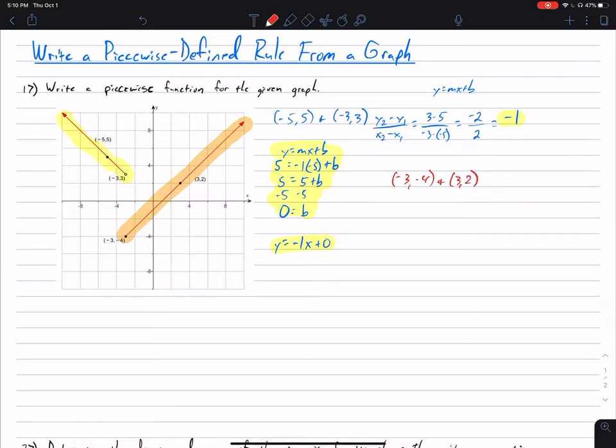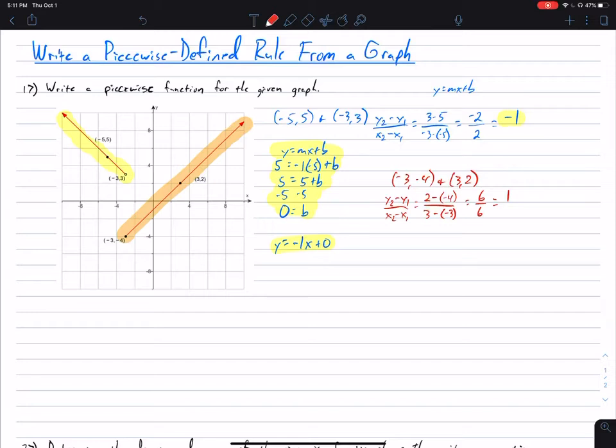Same thing: I plug these into y2 minus y1 over x2 minus x1 to find my slope. So 2 minus negative 4 over 3 minus negative 3. 2 plus 4 is 6, 3 plus 3 is 6, so that's a positive 1. Again, it makes sense, because I do have a positive slope there.